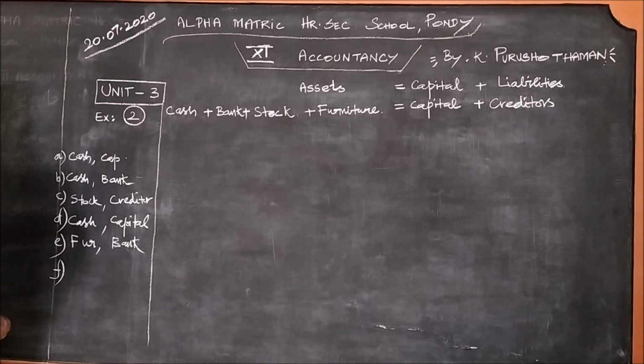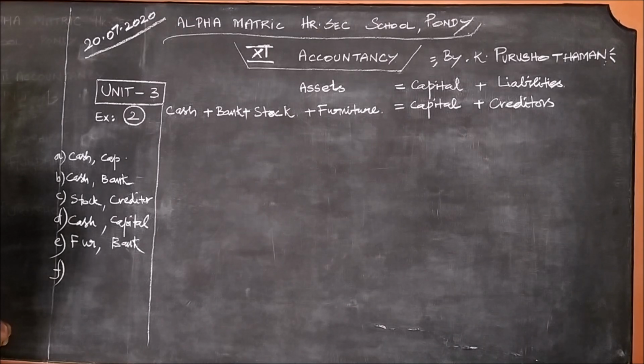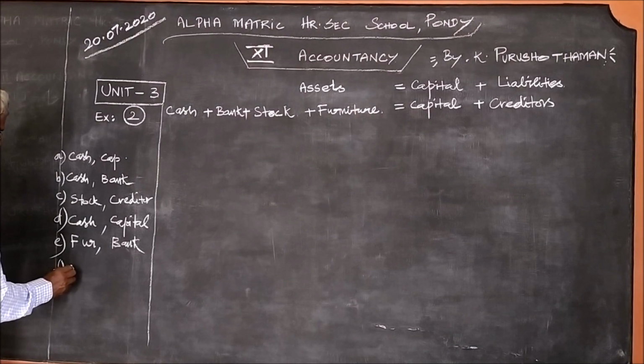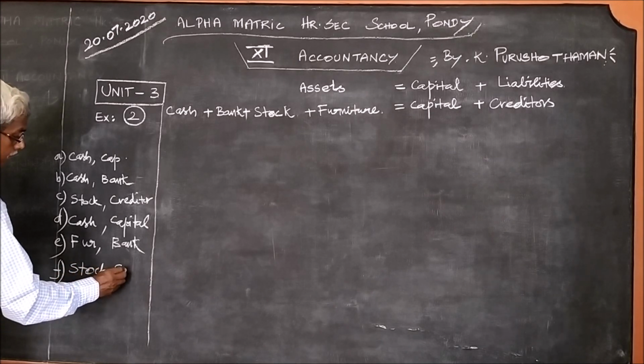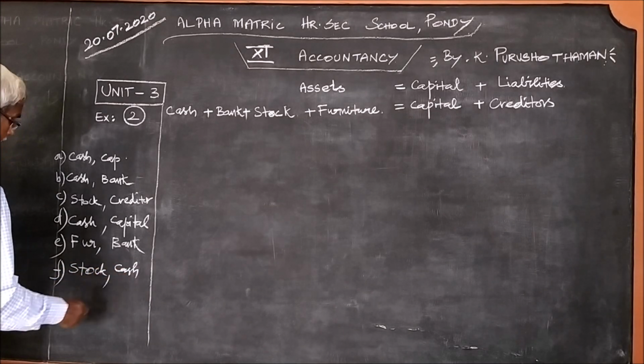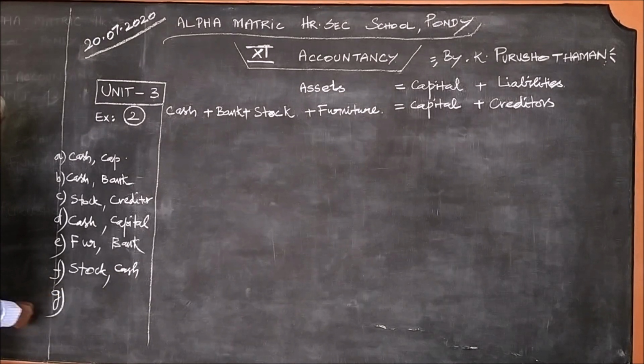And F, sold goods to Murugan and cash received. Stock, cash received, therefore cash. G, money withdrawn from bank for office use.